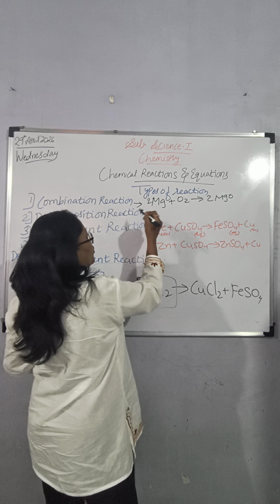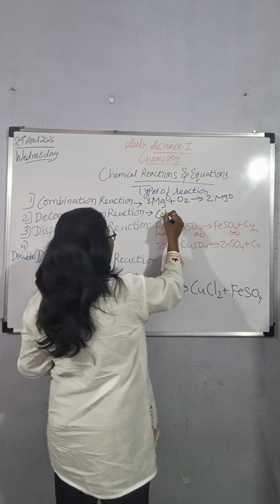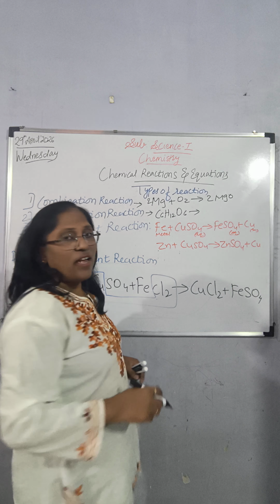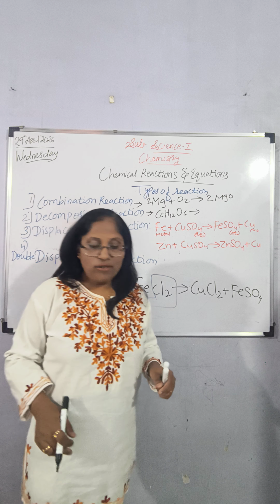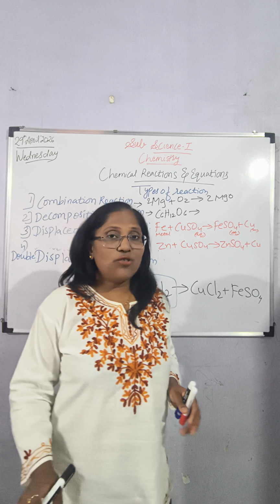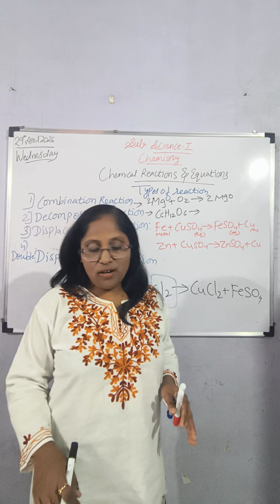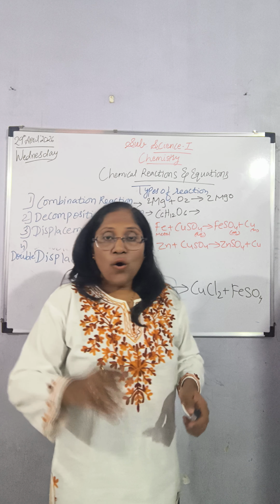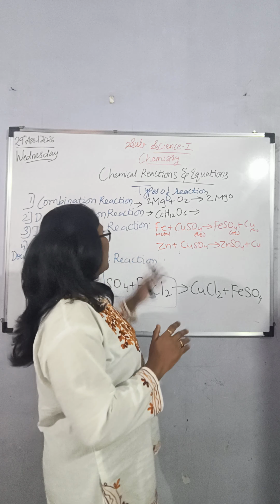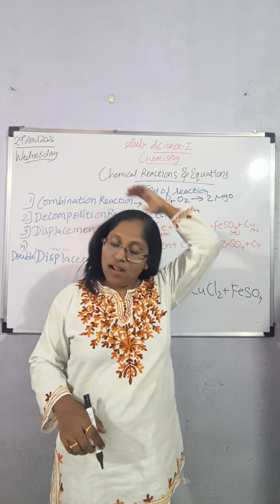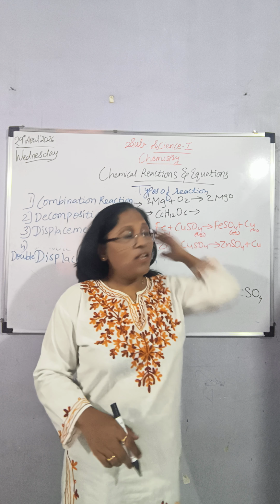Decomposition: if we take C6H12O6, it decomposes to give carbon plus water plus carbon dioxide. Hope you understood this reaction. Now next, what had we seen? We had seen the double displacement reaction.